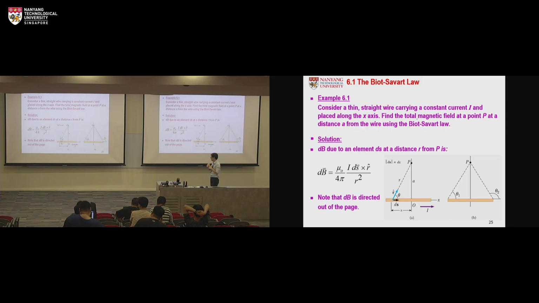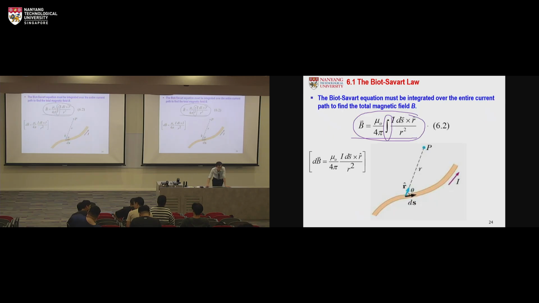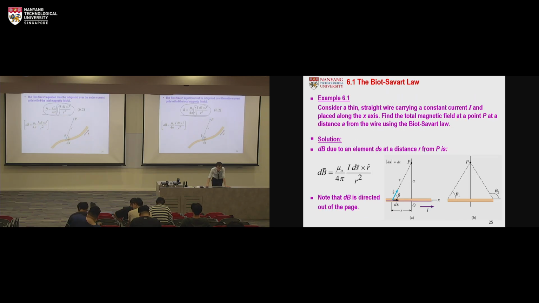And if we apply this idea to this question to find out the magnetic field B due to this kind of straight wire with finite length L, with a constant current I, then you can see even for this kind of straight wire, we cannot apply this formula directly because this ds here is the same, but the vector r is not the same.